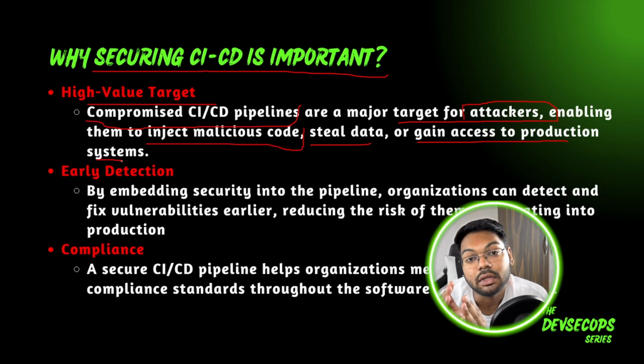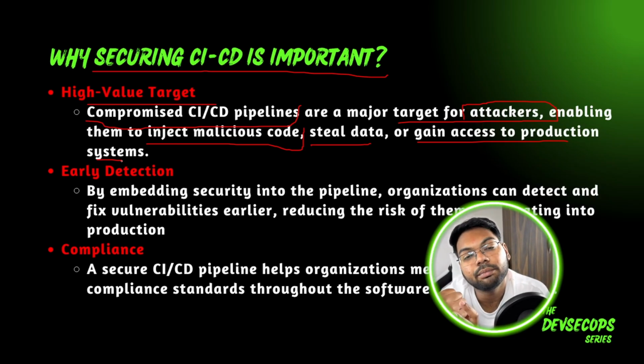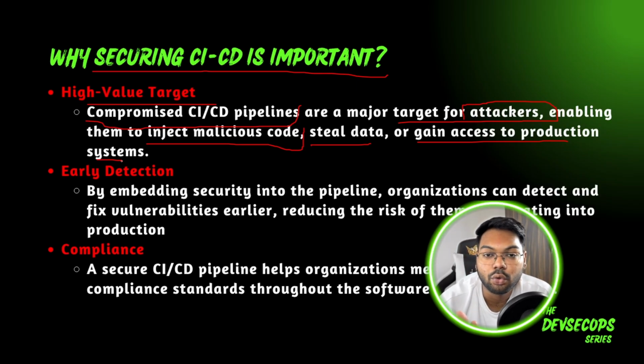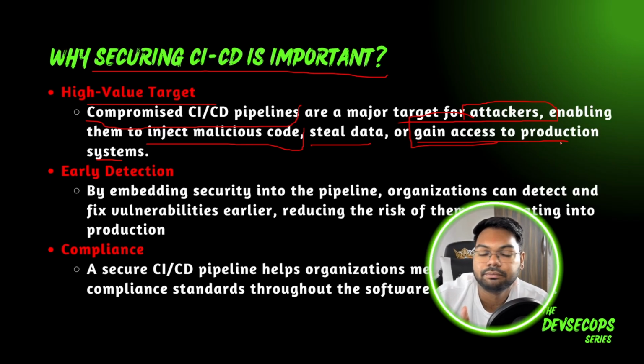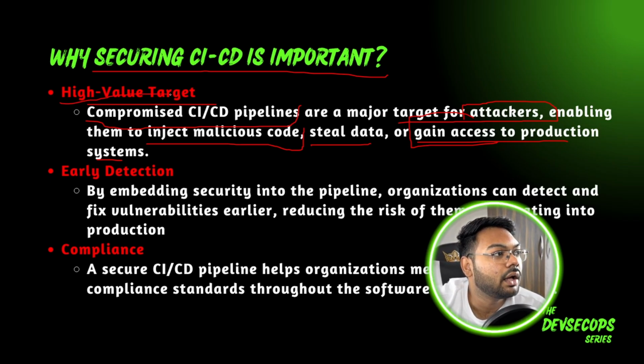The runner host of your CI/CD pipeline configuration, the access to it, would be given to another person who is the endpoint of the reverse shell. If you know how a reverse shell works, then you would get the criticality of this: how someone could steal data or gain access to your production environment by using the runners that you have configured. So that's why it is a high value target, and it comes under supply chain attacks. Okay, if you have heard about this particular name, supply chain.